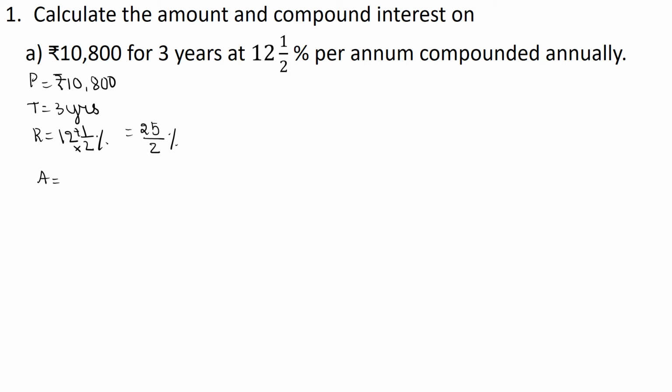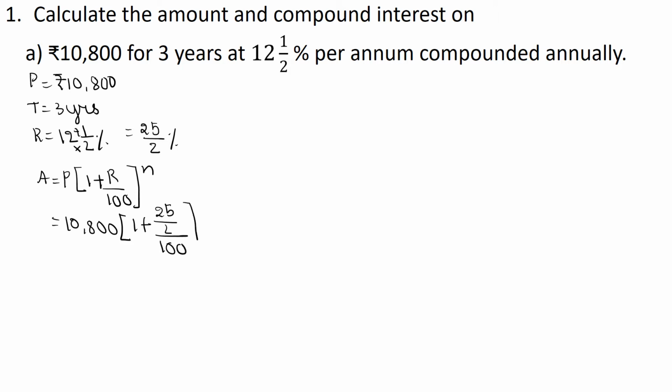Compound interest formula: A is equal to P (1 plus R by 100) whole power n. P is 10,800, 1 plus rate of interest 25 by 2 by 100, time 3 years.